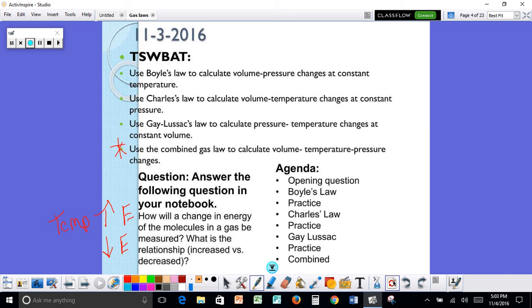As energy increases, temperature increases. As energy decreases, temperature decreases. So let's just kind of move along in our slideshow, and we will talk about each of these gas laws independently and work some problems independently.